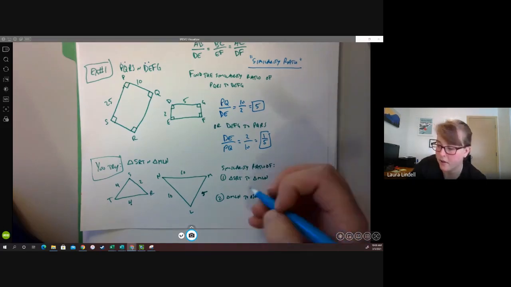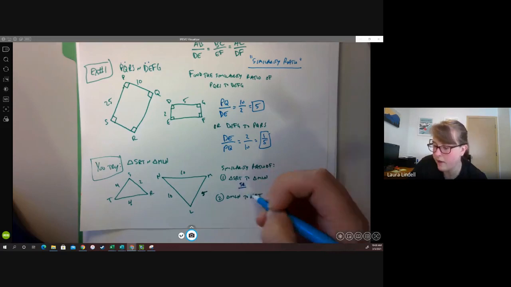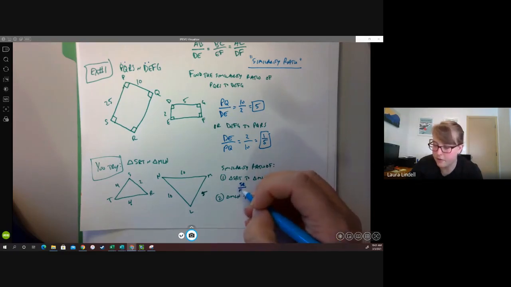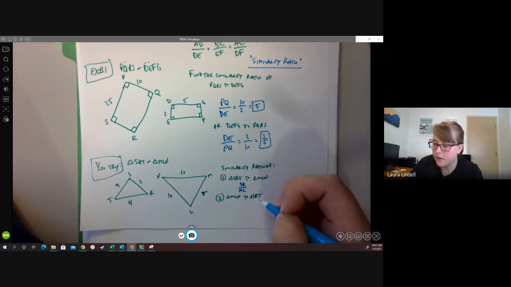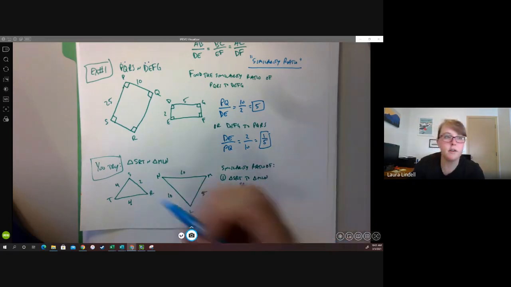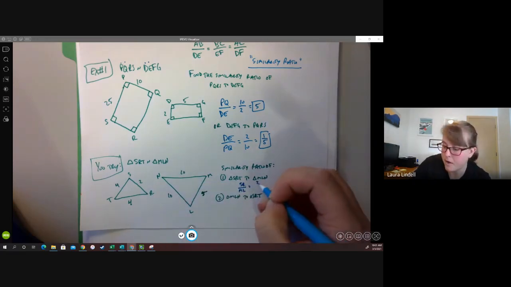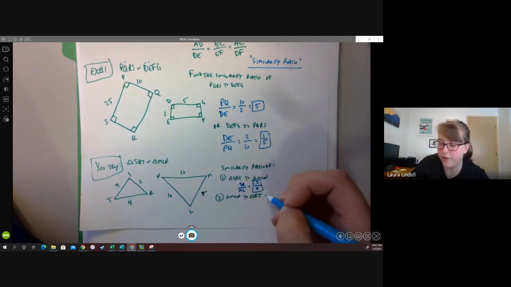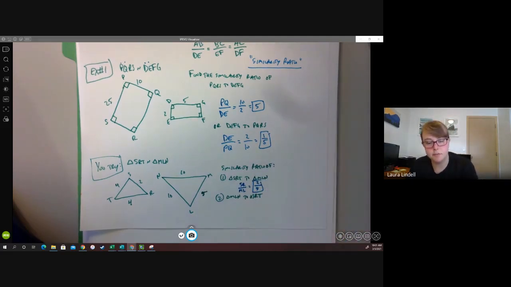Sure, we can start with SR. So SR, what does SR go with from MLN? ML. Yeah, because that's the first two letters and the first two letters. So we know that SR is 2 and that ML is 5. So that is our answer here, 2/5. That's a fraction that doesn't reduce any further.